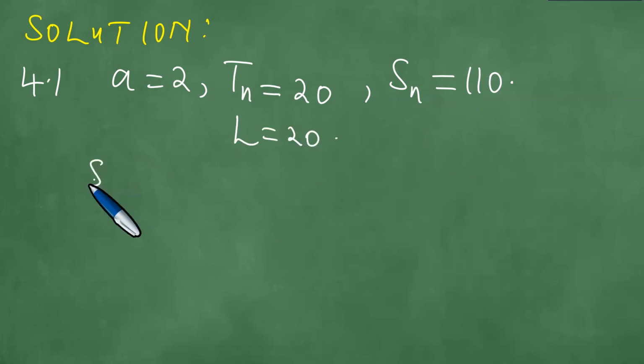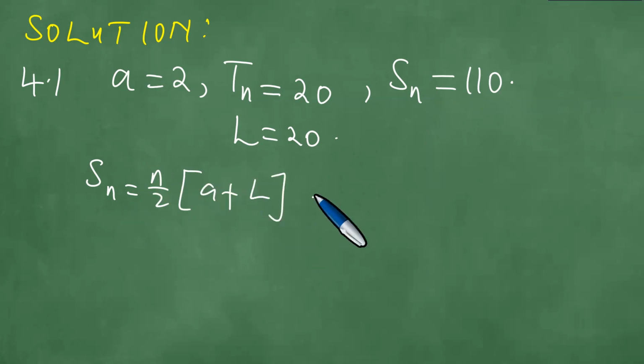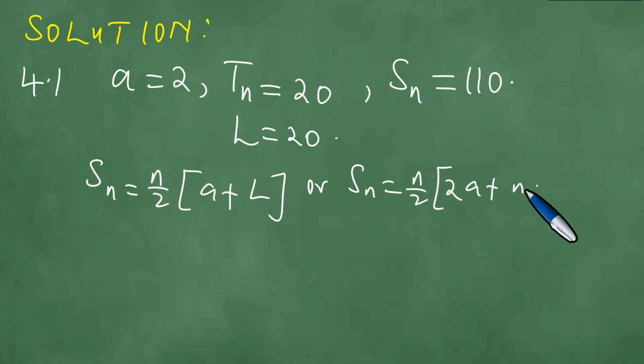So now there's another formula that says Sn equals n over 2 into A plus L, which is the same as the formula n over 2 into twice A plus n minus 1 into the common difference.